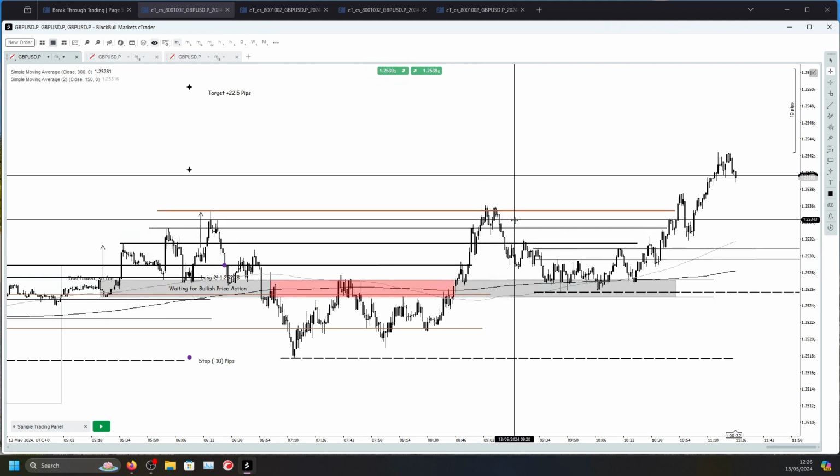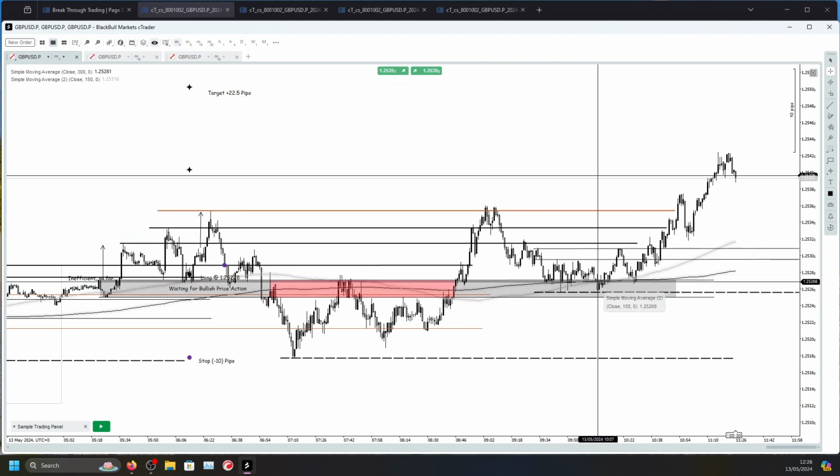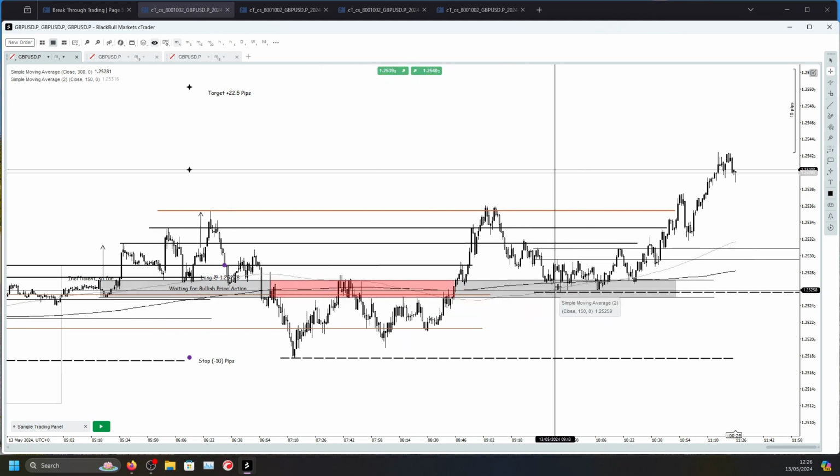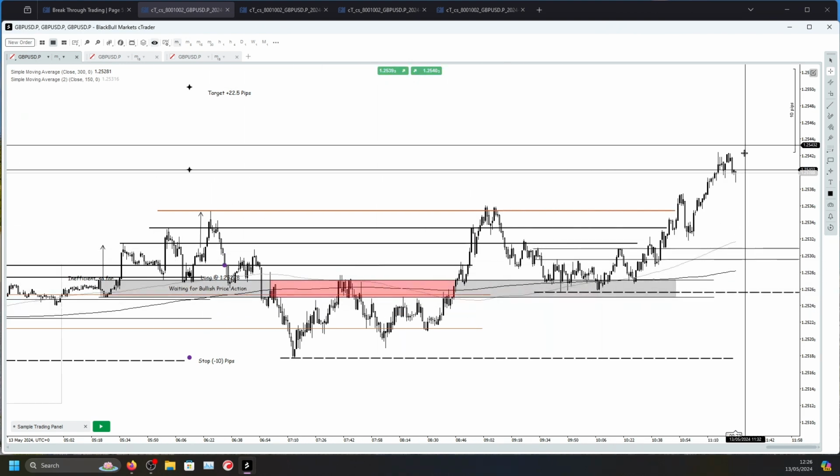Then you see price coming back into this area, filling in the inefficiencies that are here, and picking up and going long.